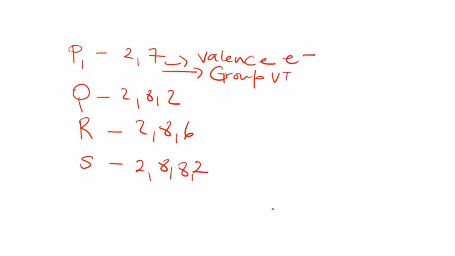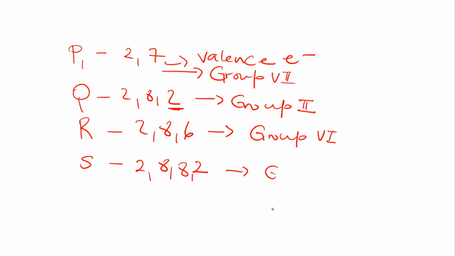Q will be located in group 2, because it has 2 valence electrons. R, group 6. And of course, S will be located in group 2. So remember that the last number in the electronic configuration represents the valence electron, and the valence electron represents the group that the element is located in. That's how you make the link.